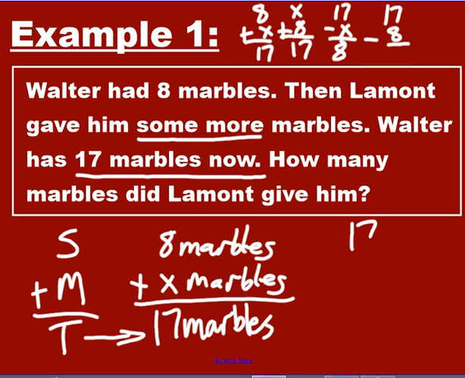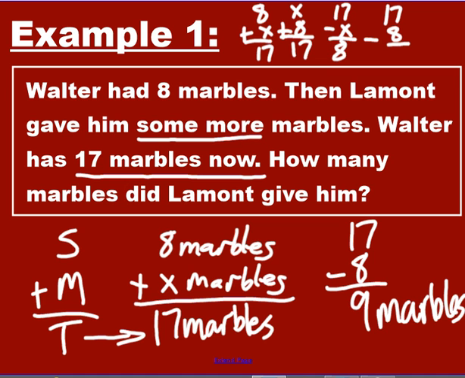So 17 minus 8 equals 9 marbles. And I can check to see if I'm right by substituting it back in. Does 8 plus 9 equal 17? It does. So 9 marbles is my answer.